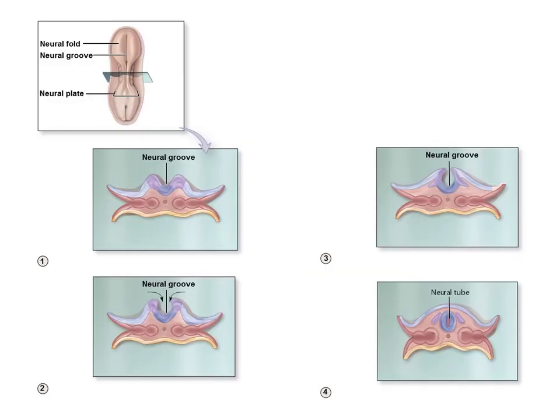I briefly want to touch on the development of our nervous system, just very quickly, because this is where that term diencephalon comes from. We're not going to spend a lot of time on this, even though as a developmental biologist, I really want to, because I love this stuff.